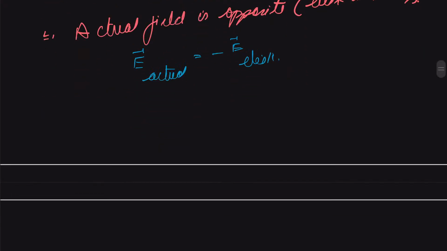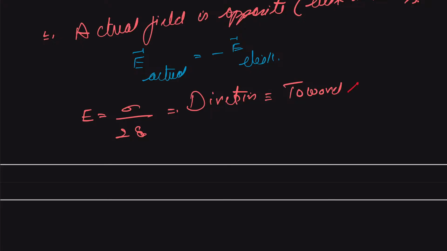And if you are interested in the magnitude only, the magnitude will be equal to rho upon 2 epsilon naught. And here we can also write the direction, and the direction will be toward the center of the sphere, inward normal.